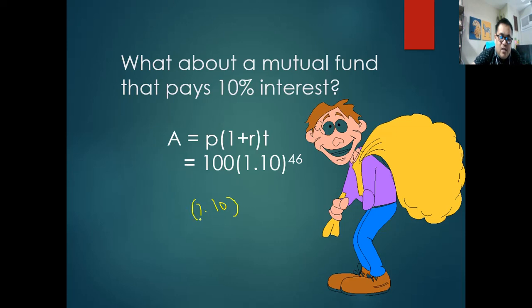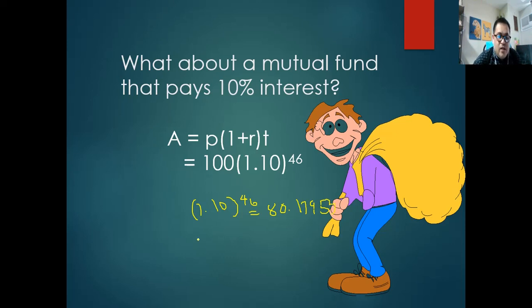Let's compute: 1.10 raised to 46 is equal to 80.17953 and so on.